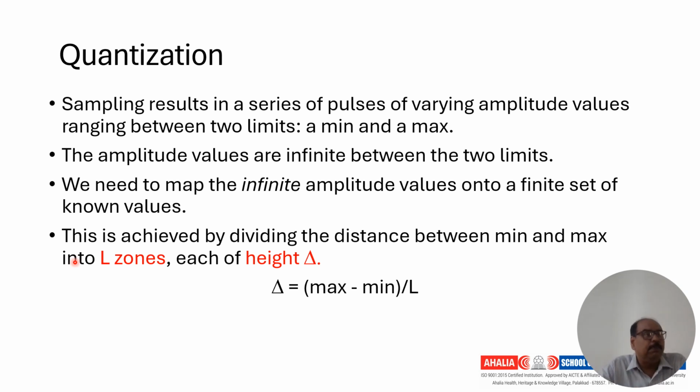Next, what is meant by quantization? We know that for pulse code modulation, we need to sample the signal, and the sampled signal will be given as an input to the quantizer. I explained very clearly what quantization is in the previous class.